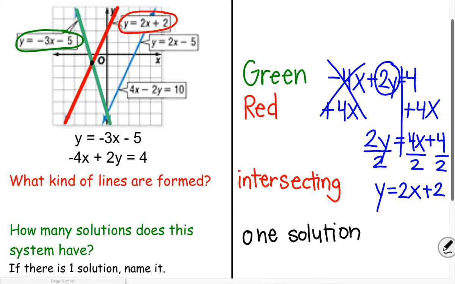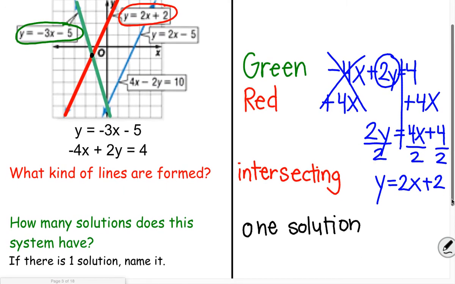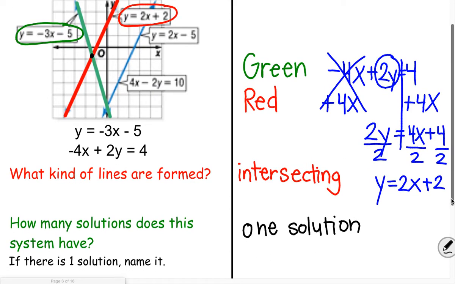And then if there is one solution, name it. I don't think I had scrolled up so you could see that on the last page. But if there is one solution, name it. So yes, there is one solution. Now what you'll notice about this one is it doesn't intersect at a nice ordered pair like the last one did. So we're just going to guess. So we're going to the left about 1.5, so we're going to say negative 1.5.